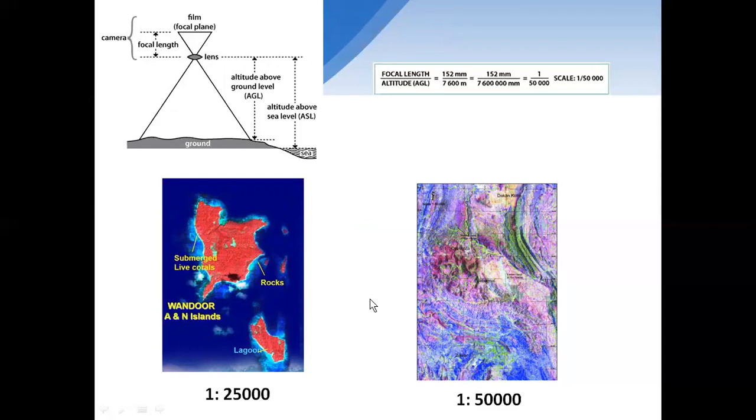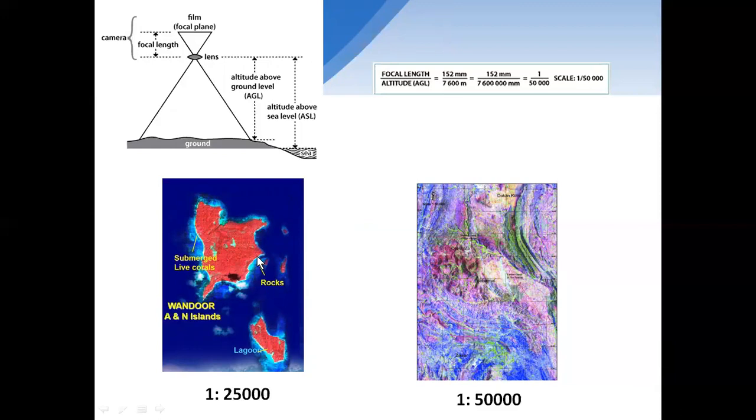Next is large scale and small scale. This is the large scale. This is the small scale. As the ratio increases, objects decrease in size, but it covers a large area. Here the size, shape, and contrast of objects decrease. That is small scale.